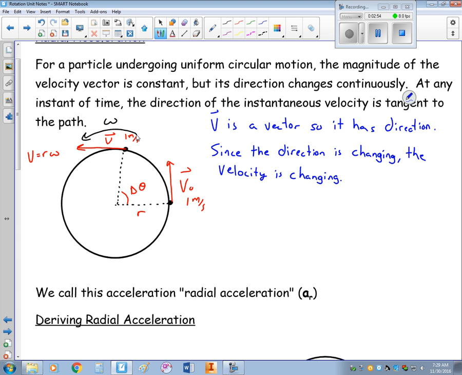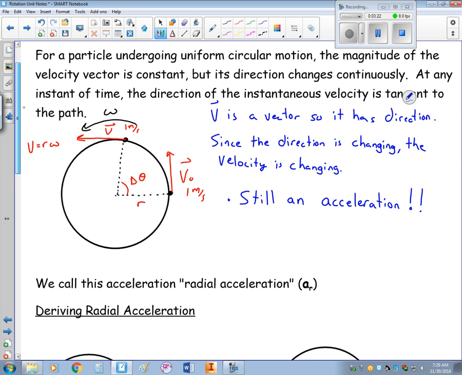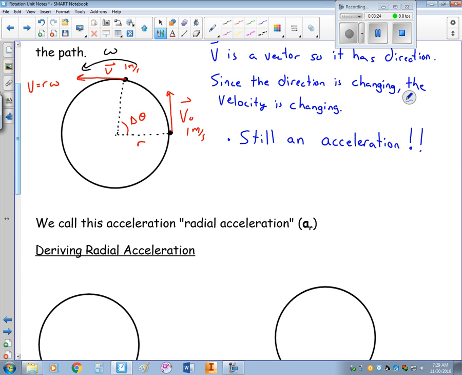So even though it is not slowing down or speeding up, there is still an acceleration. Imagine that, an acceleration that does not require the object to either slow down or speed up. We call this type of acceleration radial acceleration, radial coming from the fact that it's originating from an object going in circular motion.